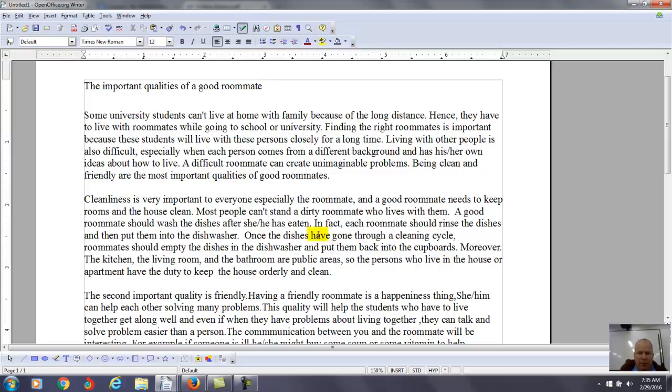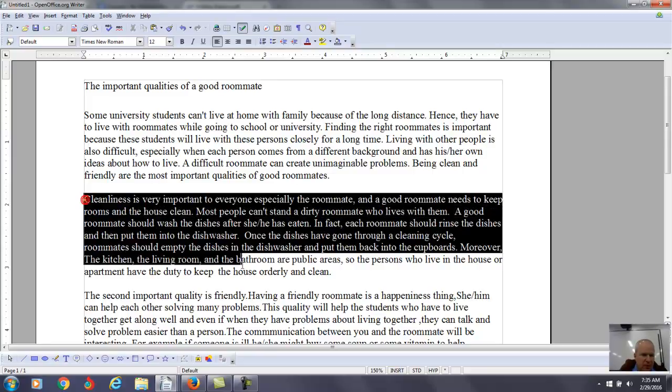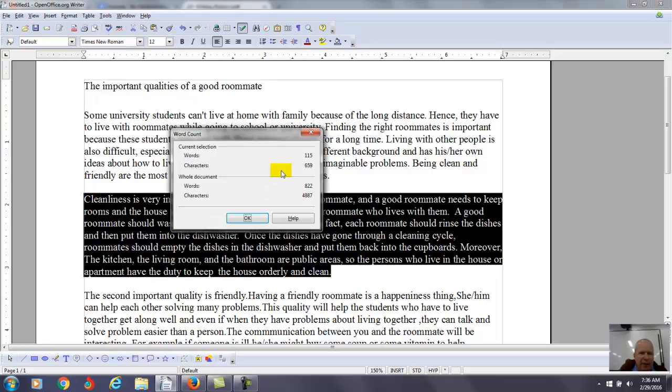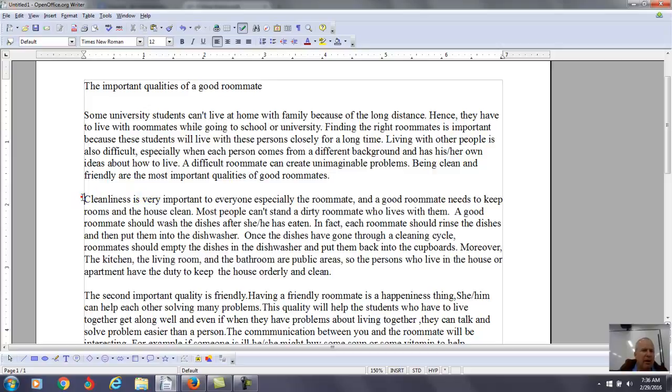So we developed that idea just a little bit more. See what I did here? So what do we have here? I took your paragraph, which was 75 words. We developed it now. It's a little over 100. So let's see what we did.